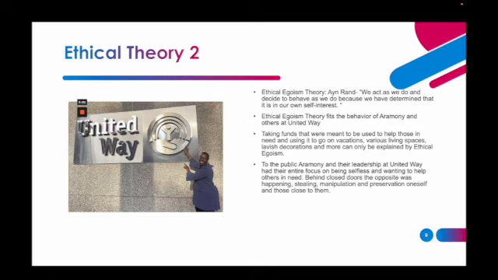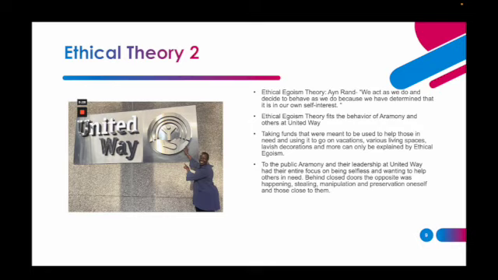Ethical theory 2: ethical egoism. We act as we do and decide to behave as we do because we have determined that it is our own self-interest, which just brings it back again. I mean, they clearly were acting on their own self-interest, trying to support themselves financially, trying to support their family financially, trying to support themselves by having multiple locations to live at, luxurious decorations, vacations around the country.